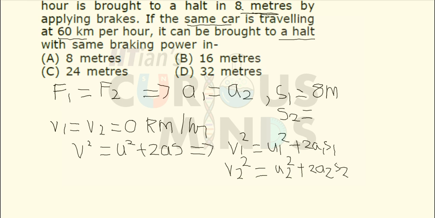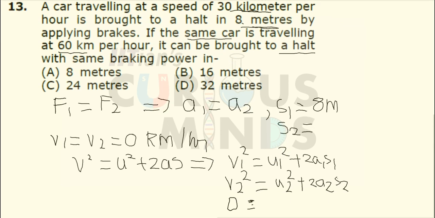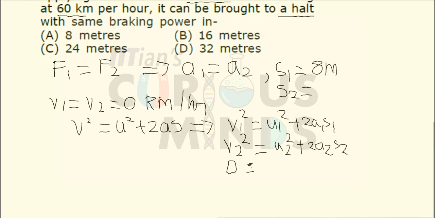When I rearrange this, for the first case I will substitute the values. 0 is equal to the initial velocity squared, which is given as 30 km per hour, so 30 square plus 2A1S1. So 30 square will be equal to minus 2A1S1.